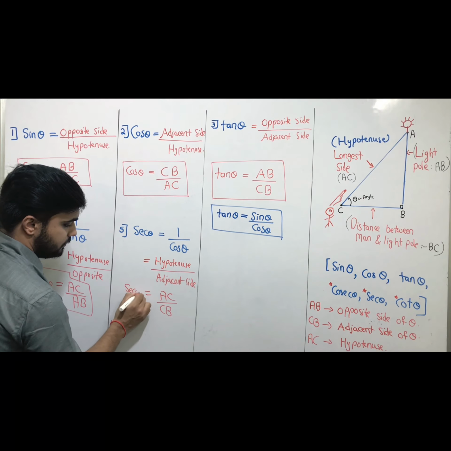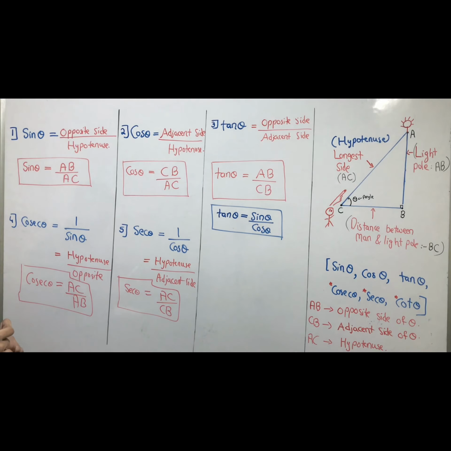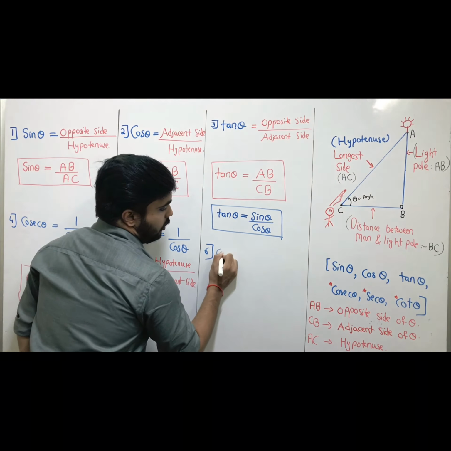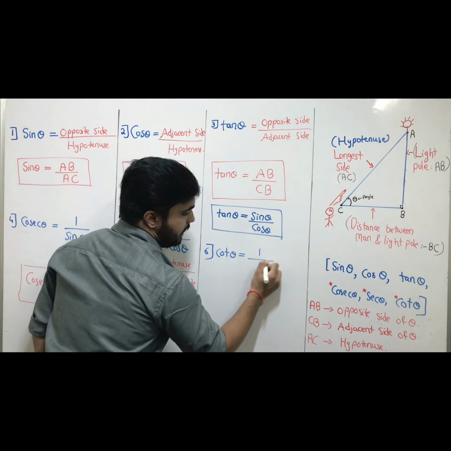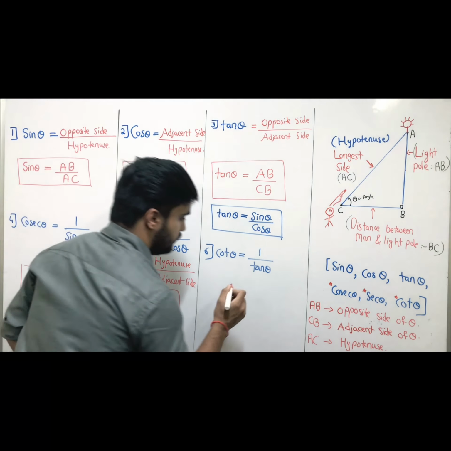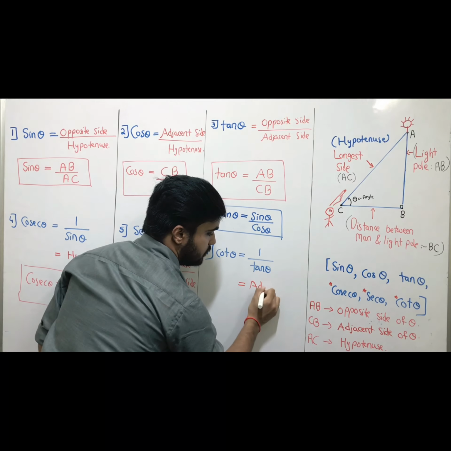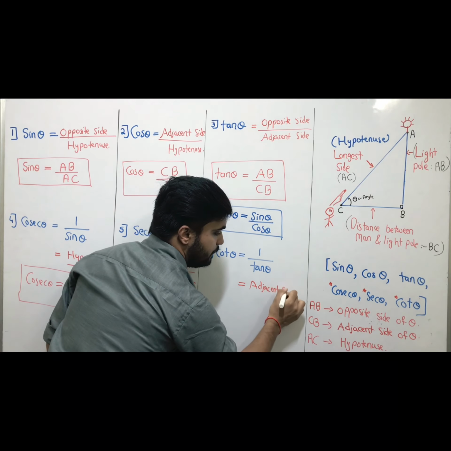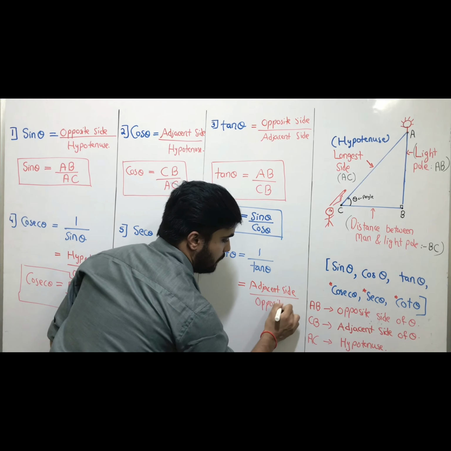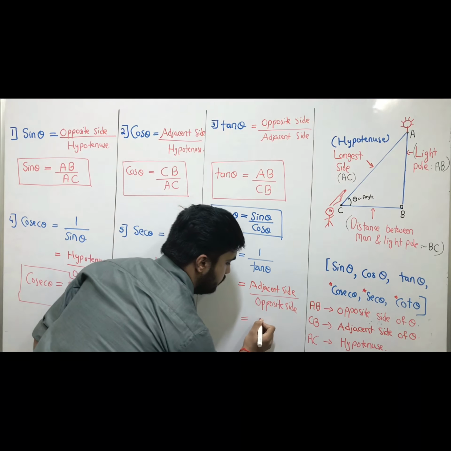So this is sec theta. And our last trigonometric function is cot theta. Similarly, cot theta is equal to 1 by tan theta. So we can say that it is equal to adjacent upon opposite. So adjacent side upon opposite side. So that is CB upon AB.